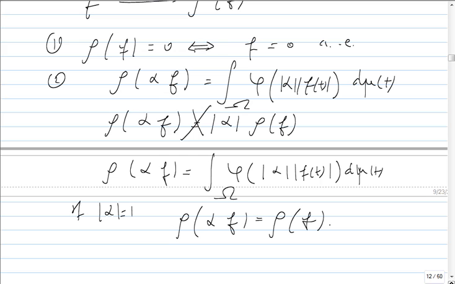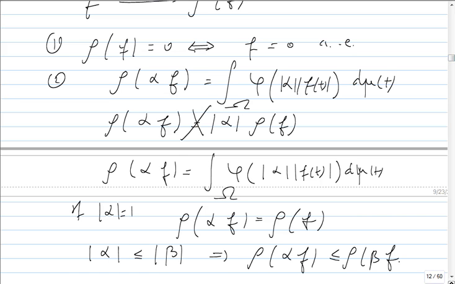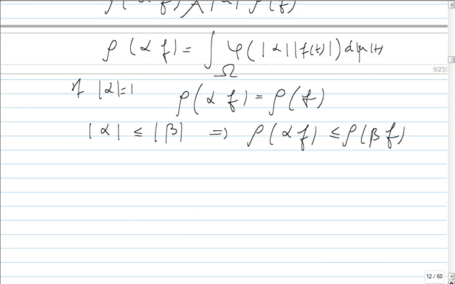So this is true. What's not true is that you cannot take alpha out. Great. More, if the absolute value of alpha is less than the absolute value of beta, because phi is increasing, then we can show that rho of alpha f is less than rho of beta f. Great.